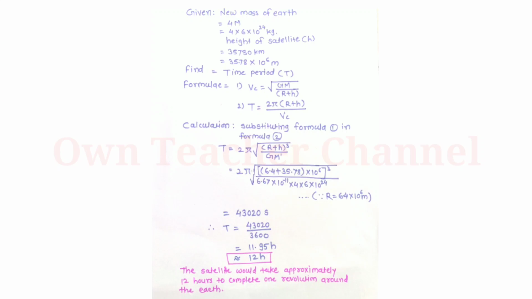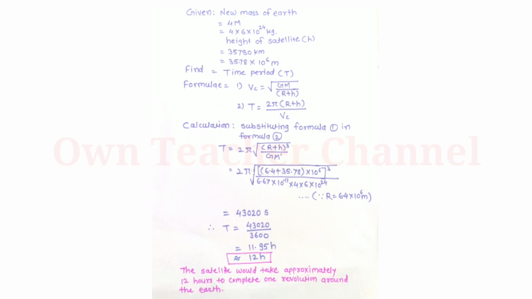We know r is equal to 6.4 into 10 raised to power 6 meter. After this calculation, we get the answer 43,020 seconds. We will convert it into hours.